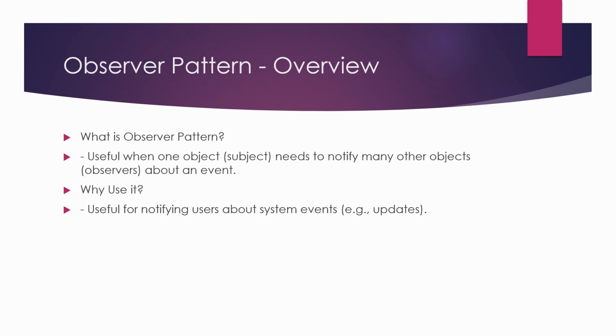Next, we have the observer pattern. We use it when our system needs to notify many users about specific events, such as sending updates. The observer pattern ensures that when one object or subject changes its state, all dependent objects are notified and updated automatically.